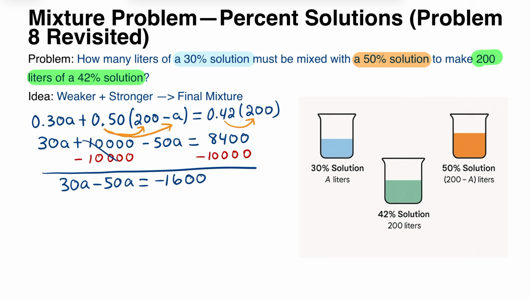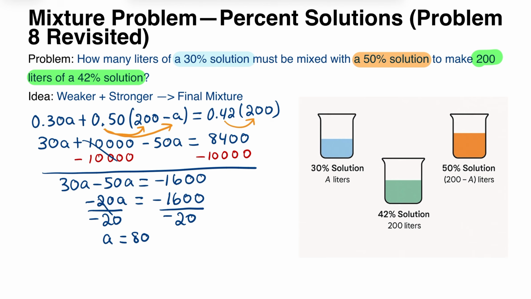Let's keep simplifying. We have 30A minus 50A, which is negative 20A, because remember, our ultimate goal is to get A alone. And divide by negative 20 on both sides. So now A equals 80, because negative 1,600 divided by negative 20 equals 80.